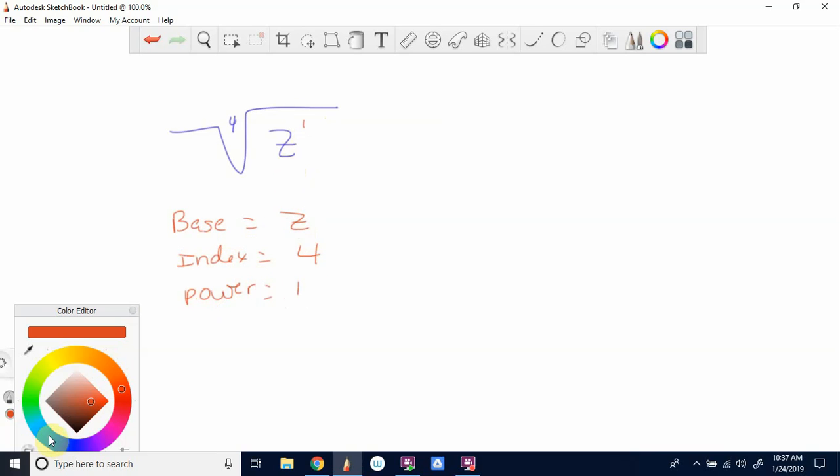So to write this, I'm going to have z, my base, to the power of 1 over 4. So remember, x over y, power over index, which is n. So pause this, do the guided practice 1A through 1D, and then let's look at example 2.